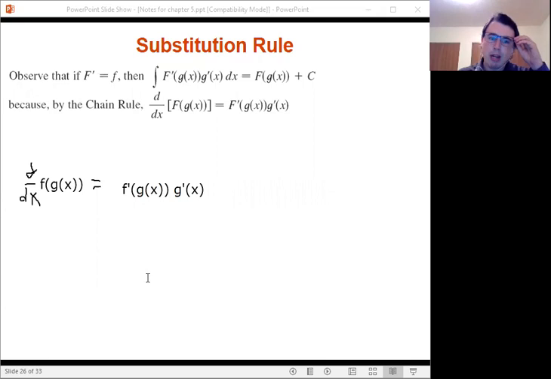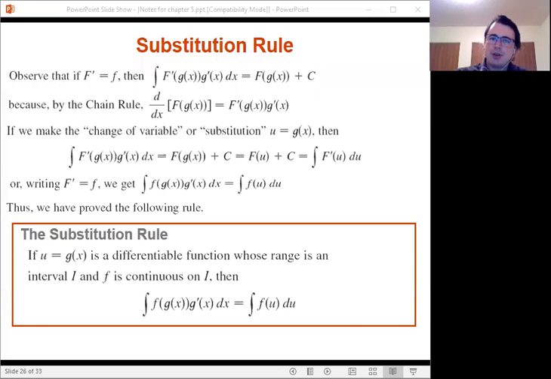So if this is my derivative formula, an integral goes the other way. To calculate this substitution, this change of variables, I need to find my new variable that I'm going to call u.